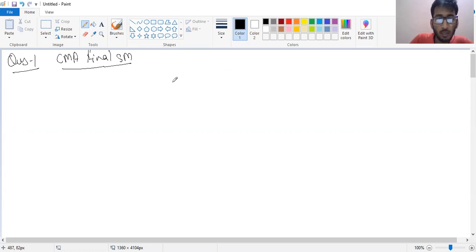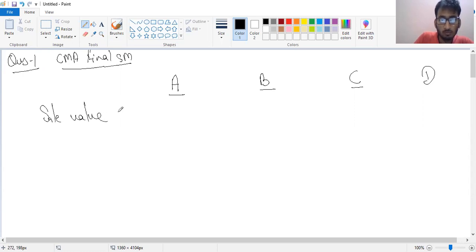There are four materials given to us: material A, material B, material C, material D. The sale value is 33 1/3 of 60,000, or I can say 20,000 rupees, that is 33.33% of 60,000.